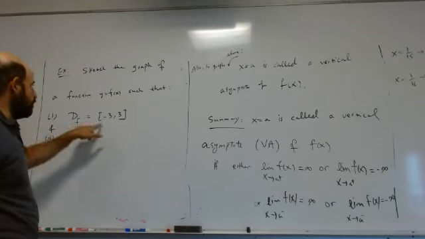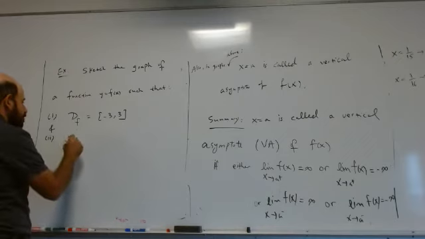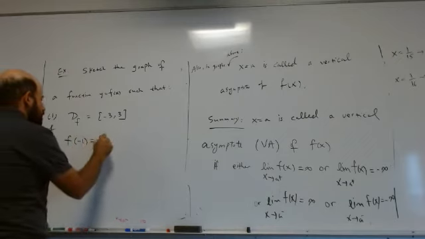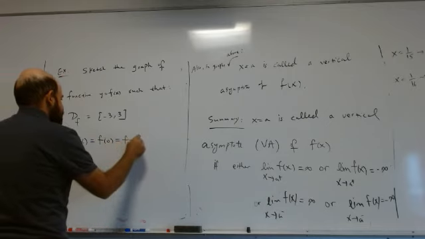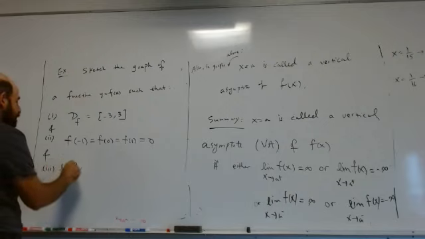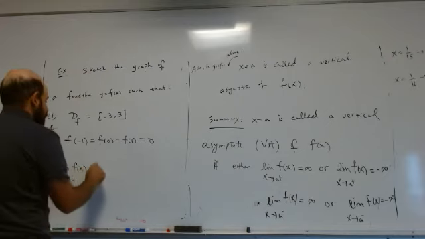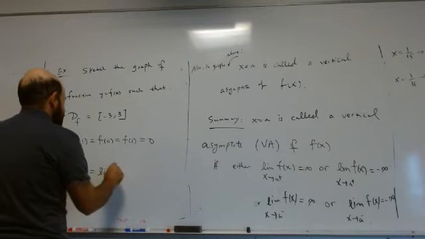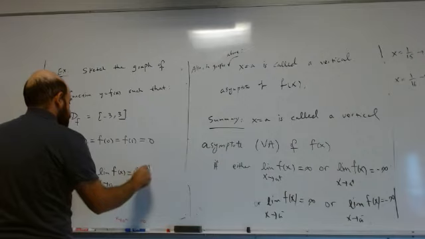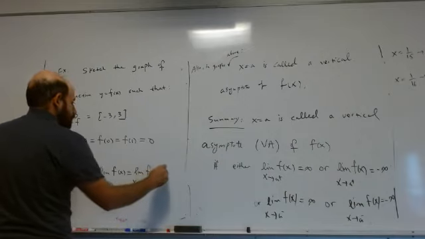So the domain of f is minus 3 to 3, and f of minus 1 equals f of 0 equals f of 1 equals 0, and the limit of f of x as x approaches minus 1 equals the limit as x approaches 0 equals the limit as x approaches 1, and these are equal to 1.